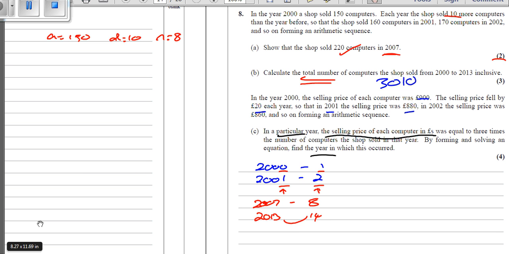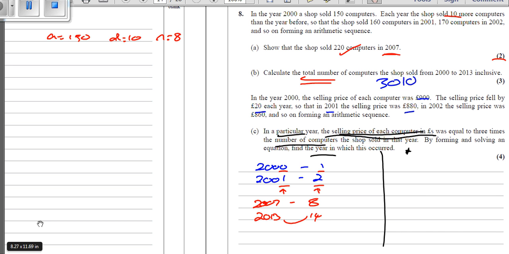So it's going to be a plus n minus 1 d, because we were looking for a certain term. 150 plus n minus 1 times the value of d, which is 10, and that equals 3 times the number of computers. Oh sorry, no, it's the selling price of each computer. Sorry, let's try that again, my apologies.